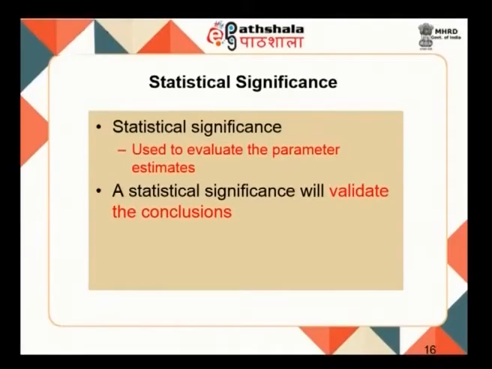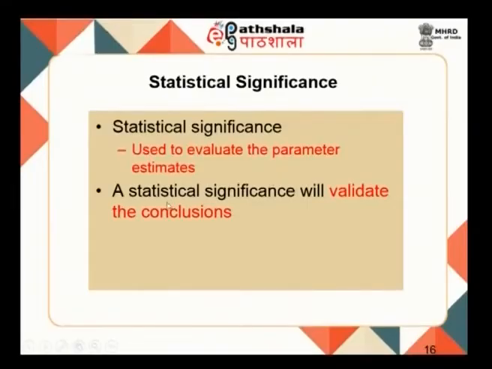Now, when we are doing an analysis, we need to identify whether the results that we have arrived at are statistically significant. So, we need to perform a statistical significance test. What exactly is statistical significance? It is a process or method by which we evaluate the parameter estimates.